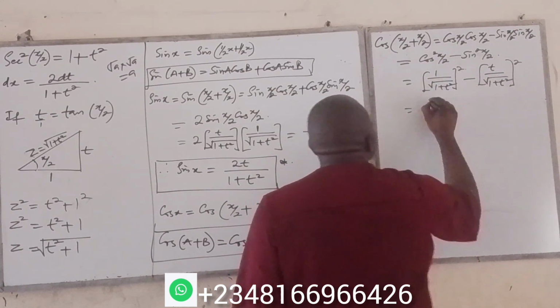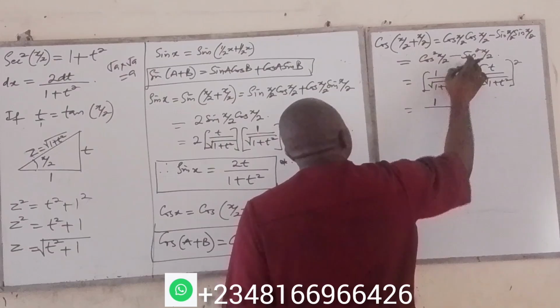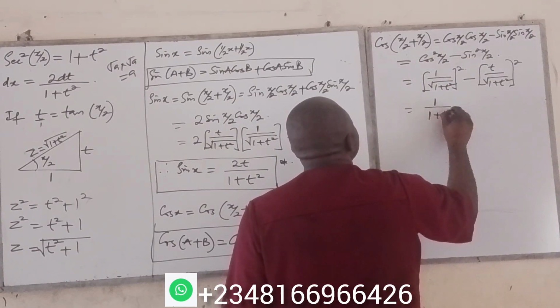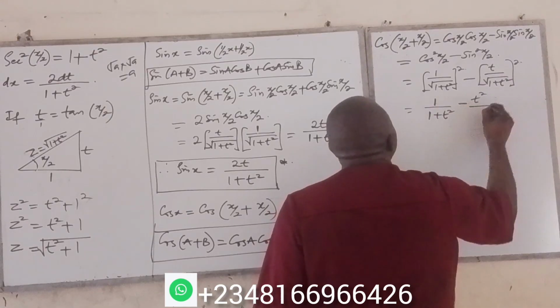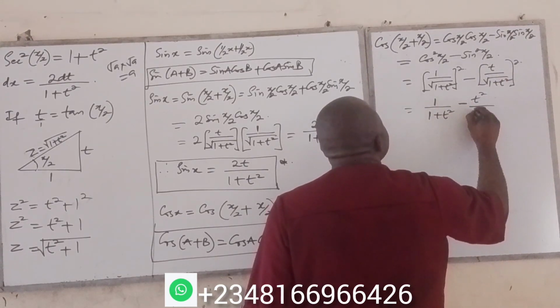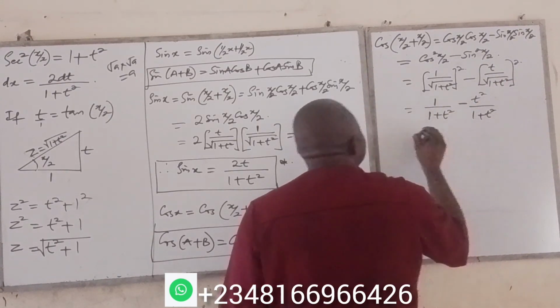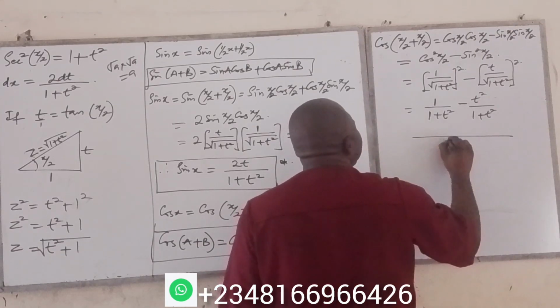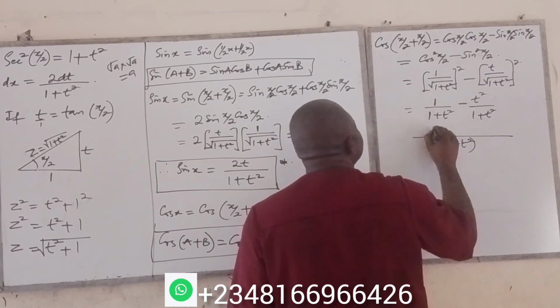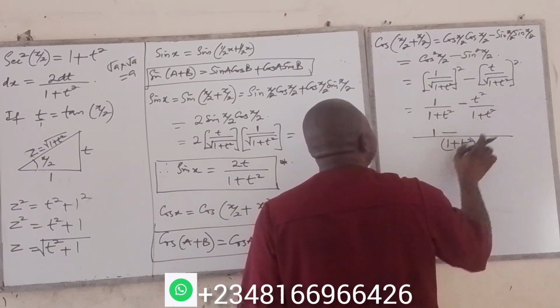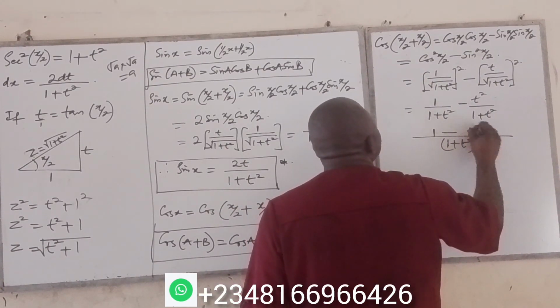Squaring this, 1 squared is 1, and this gives 1 plus t squared minus t squared over 1 plus t squared. The LCM of those two is 1 plus t squared: 1 times 1 is 1, minus 1 times t squared is t squared.